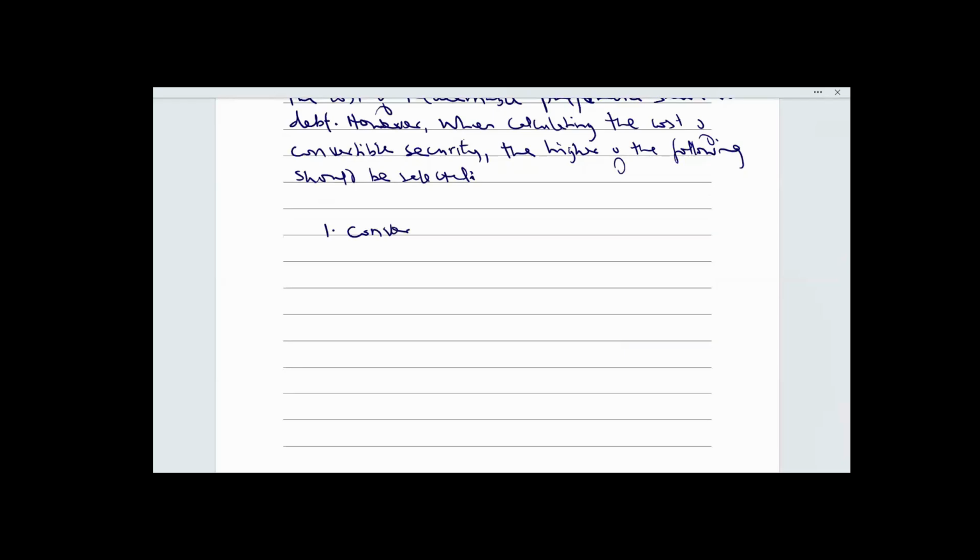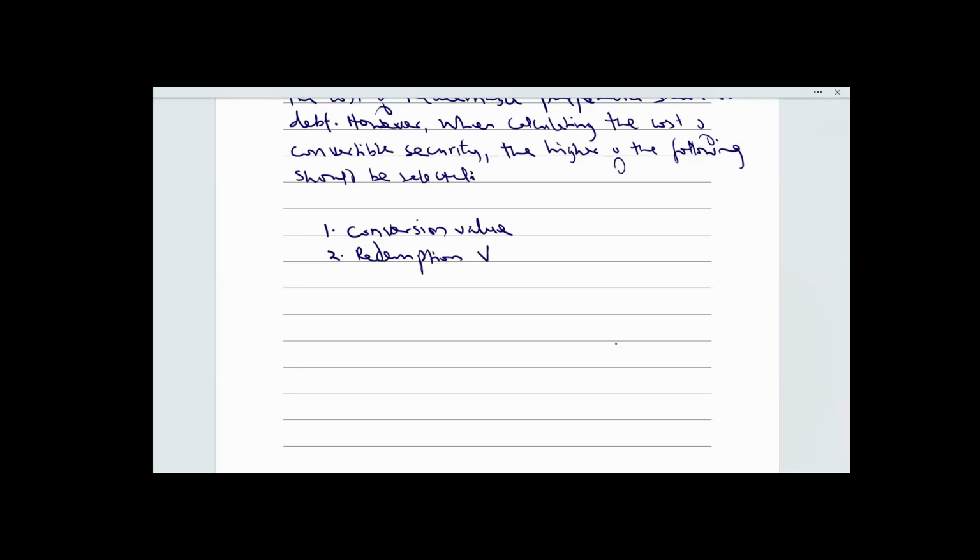The examiner will give you how the conversion value will be treated: the number of shares you are going to convert at the exercise date, multiplied by the market value. Two, the redemption value, whichever is higher.